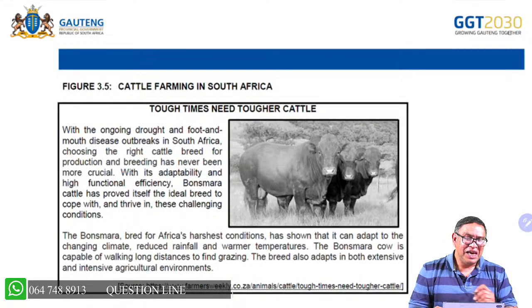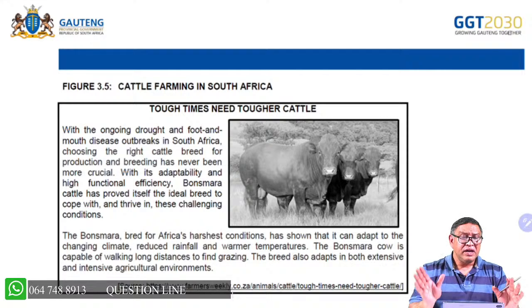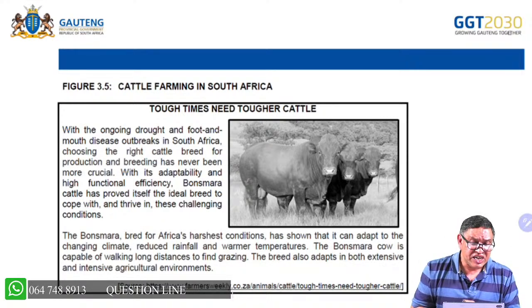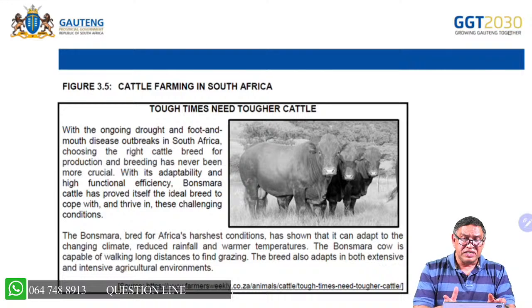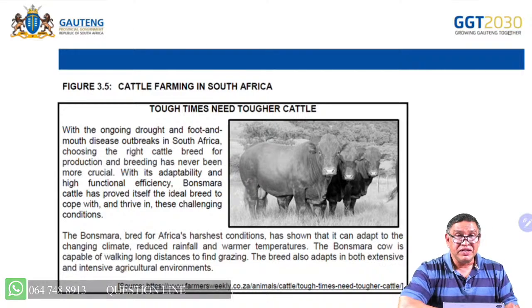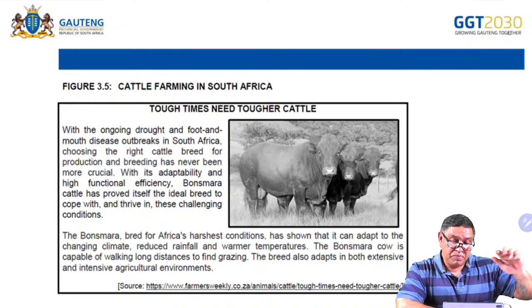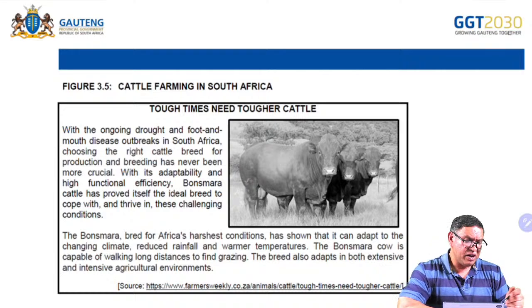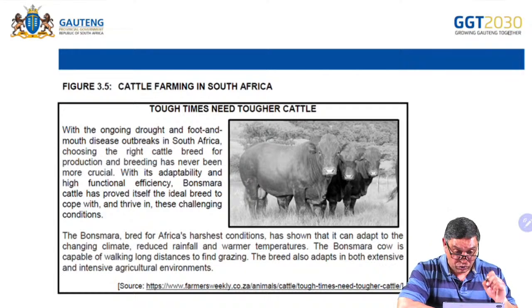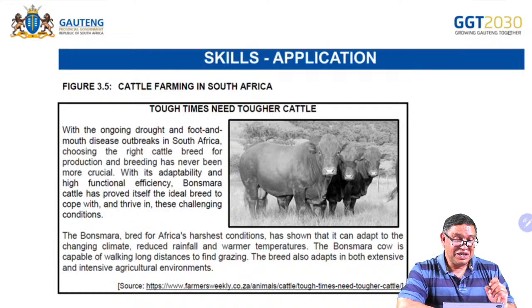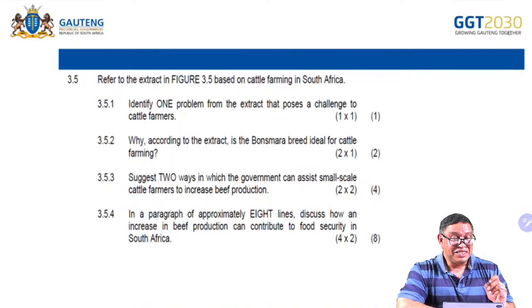Let's take this. It's about the Bosmara cattle farming, etc. It picks up on the various things, the conditions and things like that. All right, and the factors favoring and whatever. But this is not my focus here now. I want to show you the questions. Now look at this. All right, it says refer to the extract, obviously.